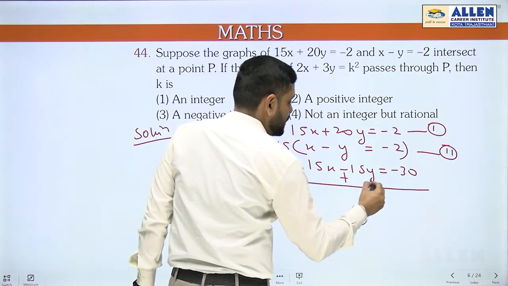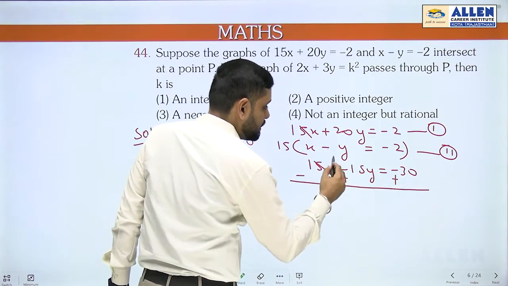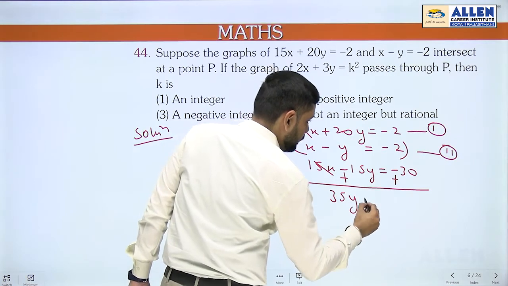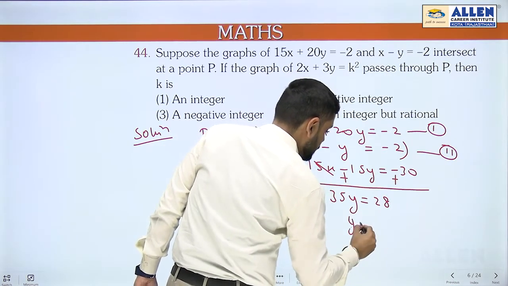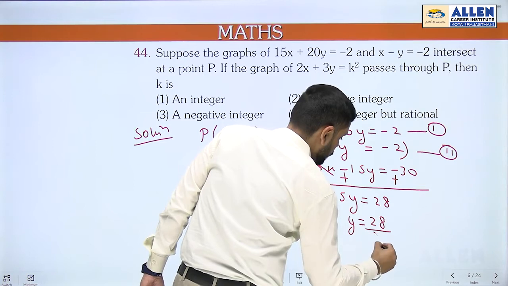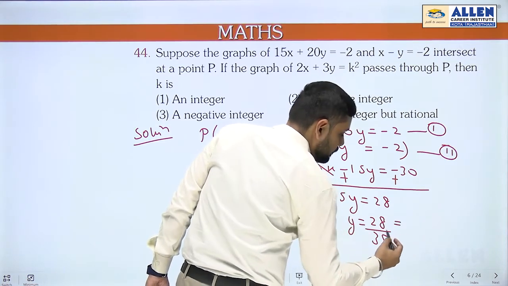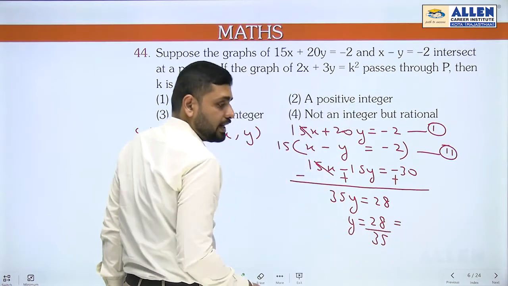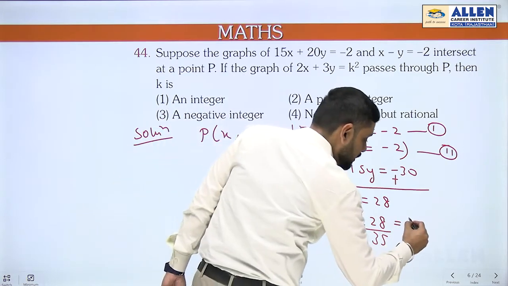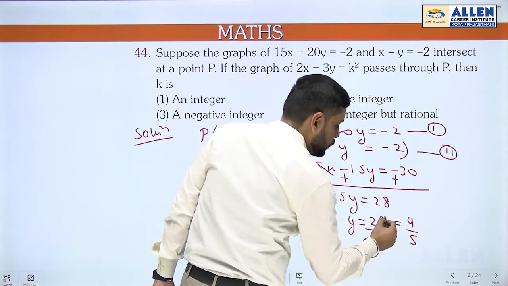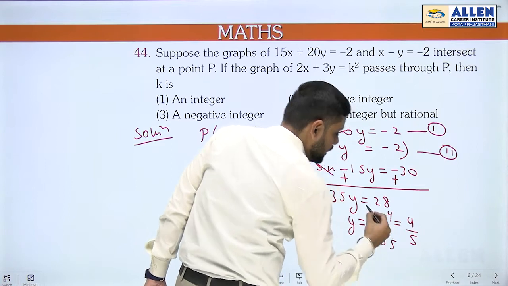Now we'll change the sign. After changing the sign, what we'll get? 35y equal to 28. So y equal to 28 upon 35, and if we simplify it, we'll cancel it by 7, we will get 4 by 5. 7 4s are 28, 7 5s are 35.